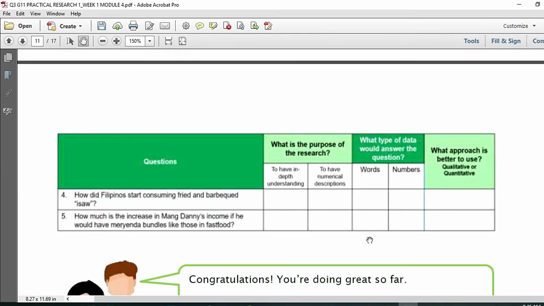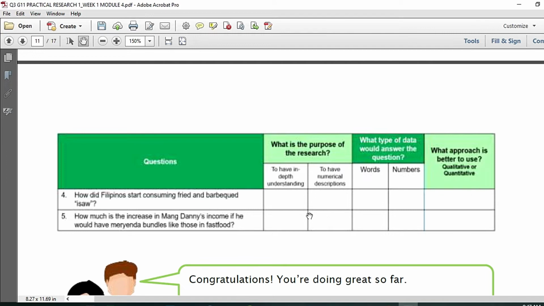Okay, now let's go for number 4. Okay, the purpose of the research. How did Filipinos start consuming fried and barbecued isaw? Okay, what's your answer here? Okay, it is here to have in-depth understanding. Okay, what type of data do you need? You need words. Then the approach, okay, you have qualitative research.